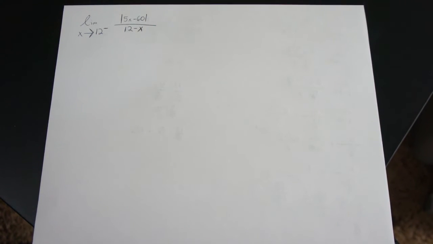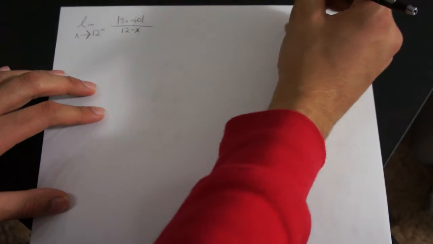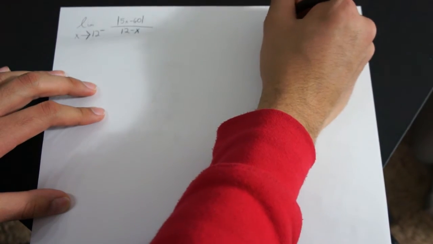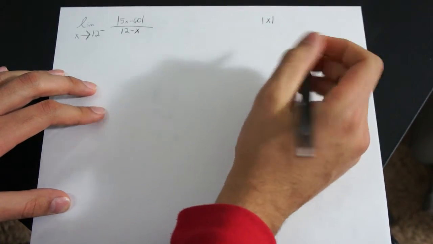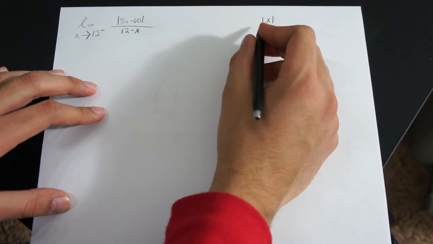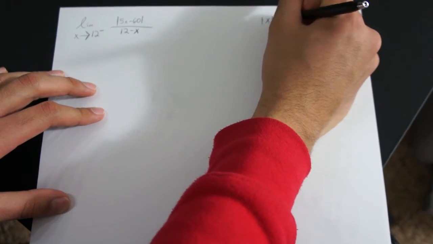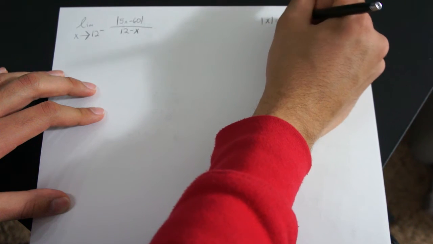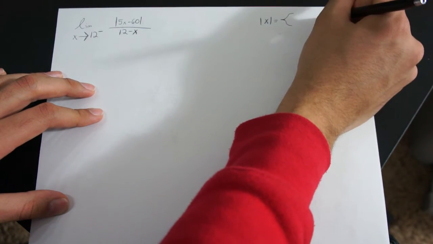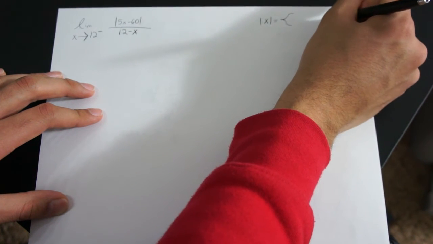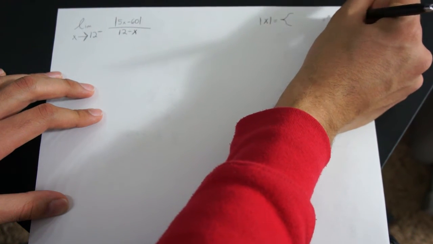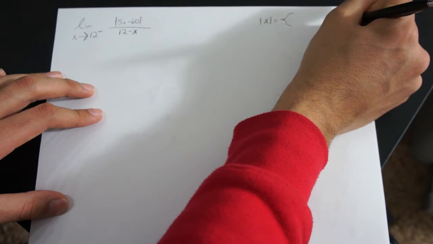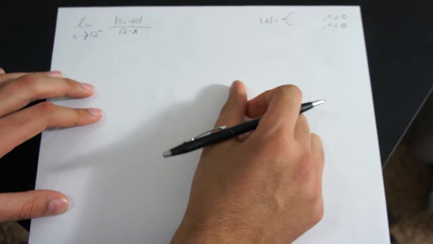And what we have to remember for the absolute value is that we can rewrite it as a piecewise function. So if we just have a standard x, and we have an x and it's in the absolute value, we can rewrite this as x if x is greater than or equal to 0, and also if x is less than 0.